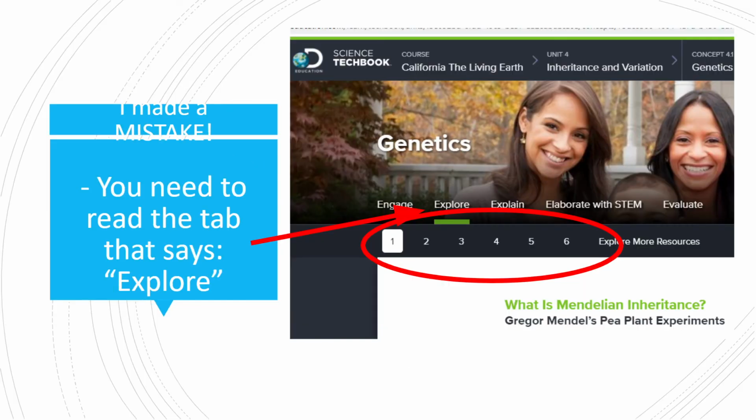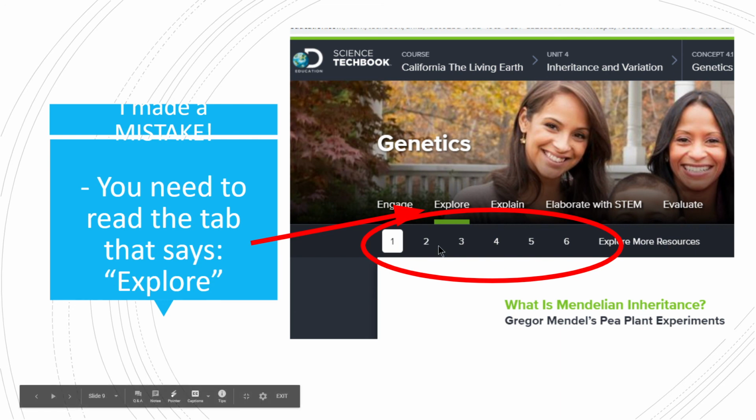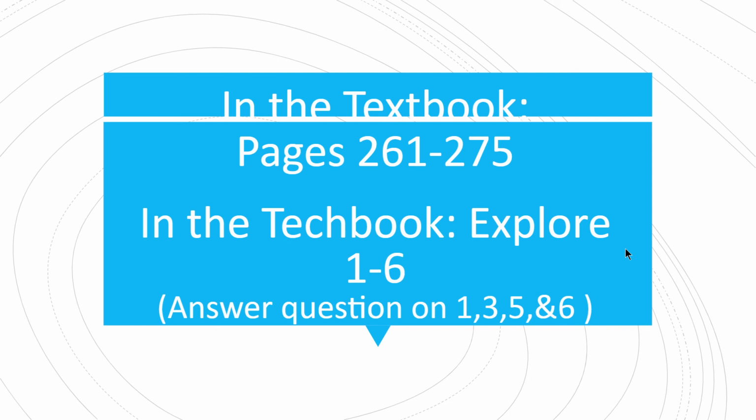So when you go back here, you've got 1, 2, 3, 4, 5, and 6. Make sure that you answer those questions in 1, 3, 5, and 6. If you don't, you won't get points for having done this. Okay, so those are assigned to you. You can do your reading in the textbook, but you have to answer the questions in the online version.